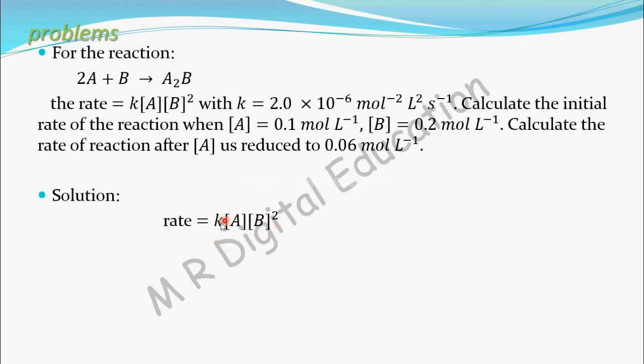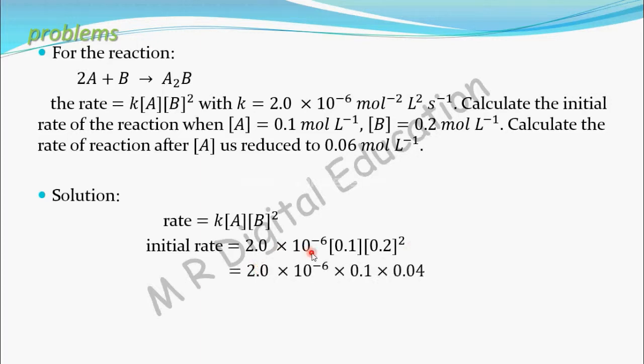Now we have to find the initial rate. So he gave K, that is 2.0 into 10 to the power minus 6. Substitute K, and he gave the initial concentration of A, that is 0.1, and that of B as 0.2. Substitute in this equation 0.1 into 0.2 to the power 2.